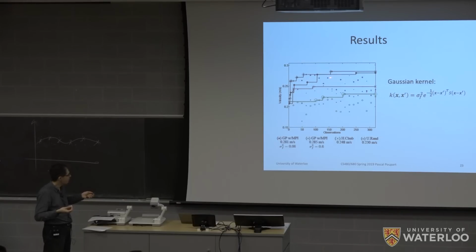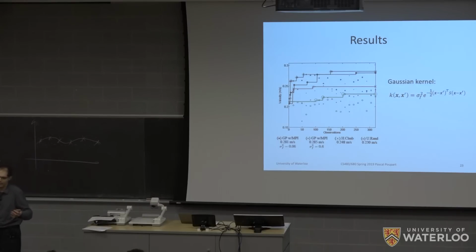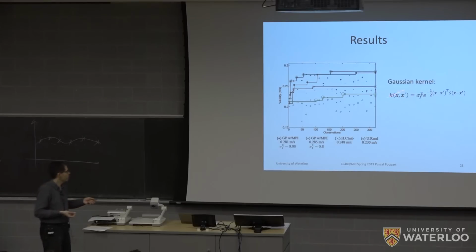So they perform quite well. In contrast, here we've got a hill climbing technique that's in red. And then the last one is just selecting x's at random. So that did not do well at all because we're just trying things at random, and then we're just relying on luck. So it was fastest to use a Gaussian process. And in that case, they used a Gaussian kernel.